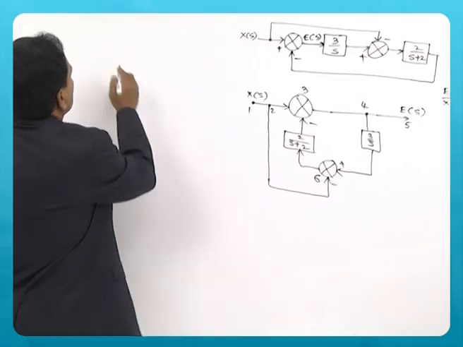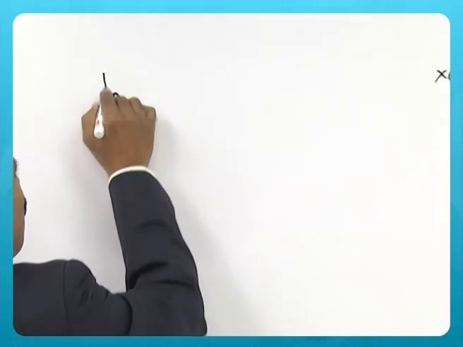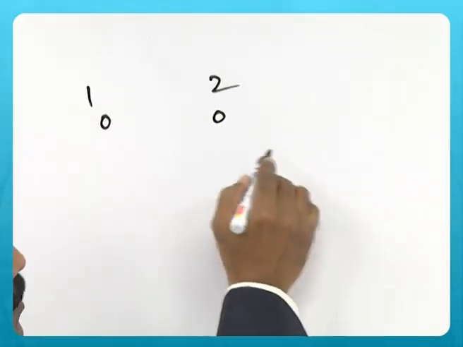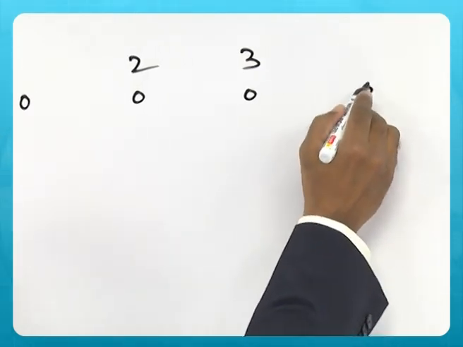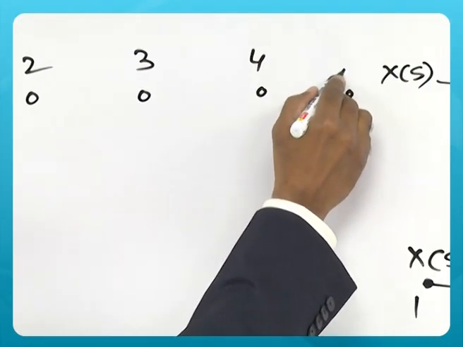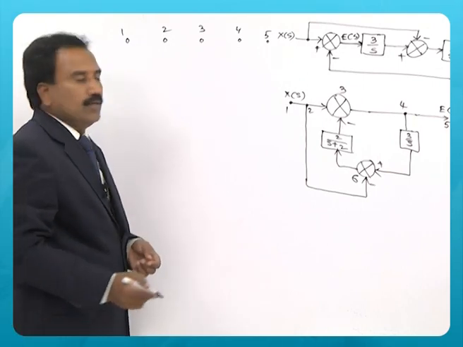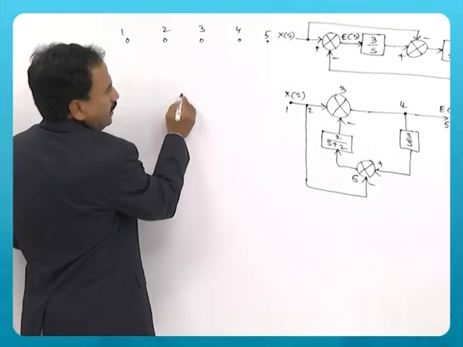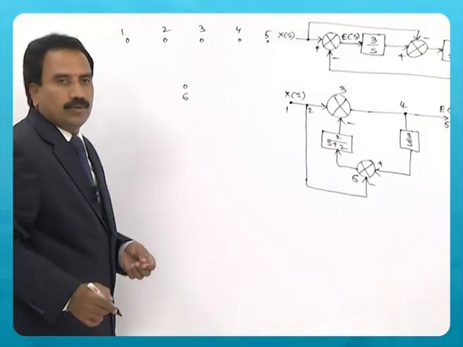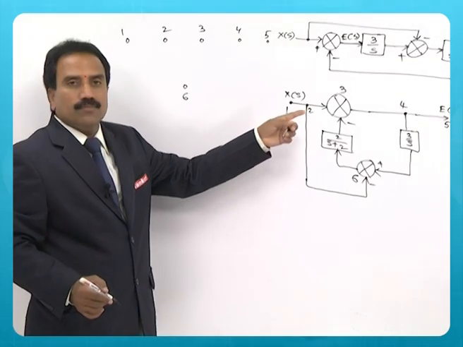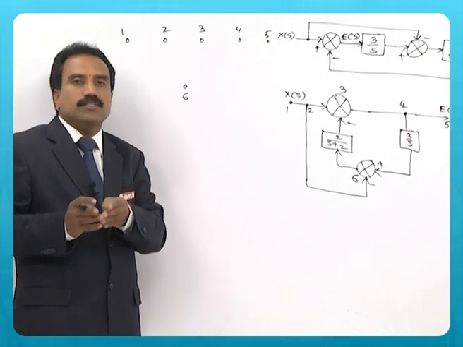Those 6 nodes you need to represent now: 1, 2, 3, 4, 5, and there is a 6th node here. Now you just join them with the respective branch gains.